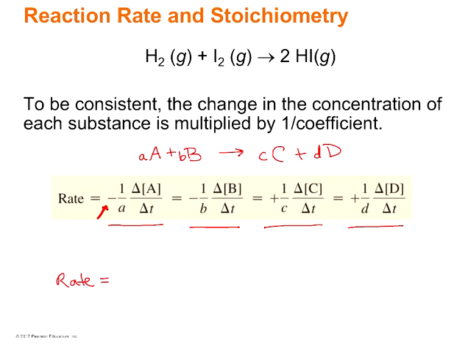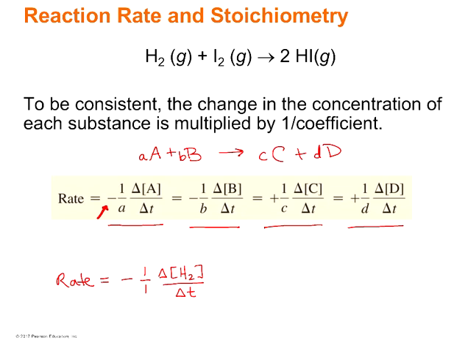Let's define the rate in terms of hydrogen. So that would be negative 1 over 1, because the coefficient is 1, times the change in concentration of hydrogen over the change in time. So we could also just write that as negative delta H2 over delta T. We don't have to include the fraction there because it's just 1.